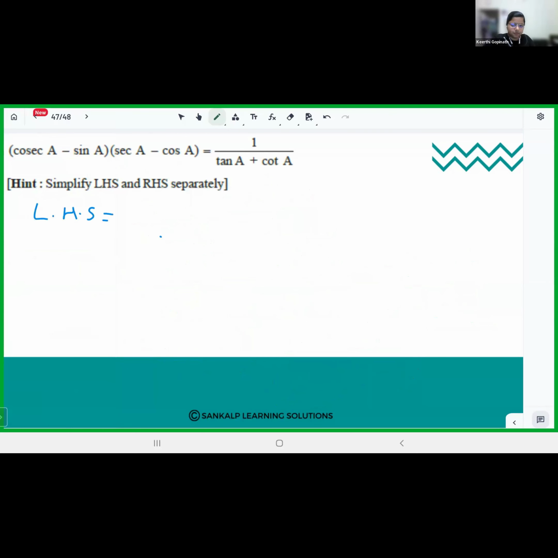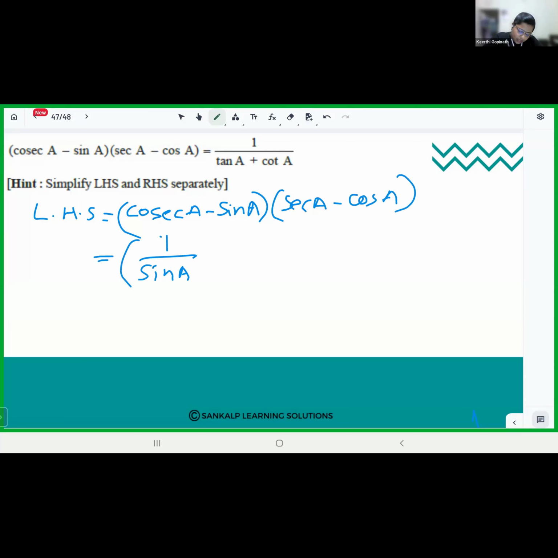LHS is nothing but, what is the LHS given in the question? It is cosec A minus sin A into sec A minus cos A, right? So I'm going to write this cosec A as 1 by sin A, and sin A is kept like that itself, and sec A I'm going to write as 1 by cos A, and cos A keep it like that.